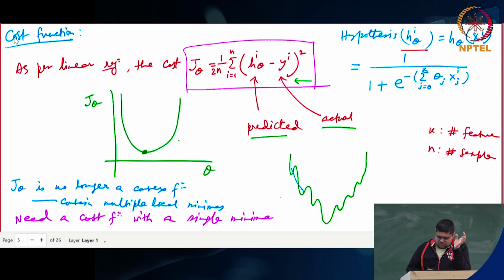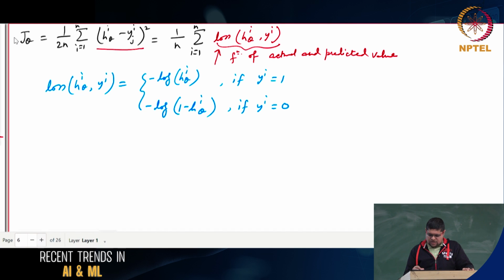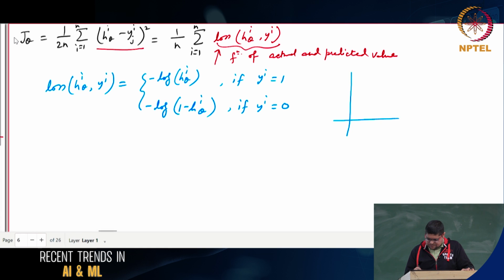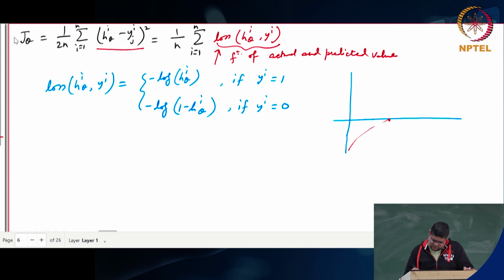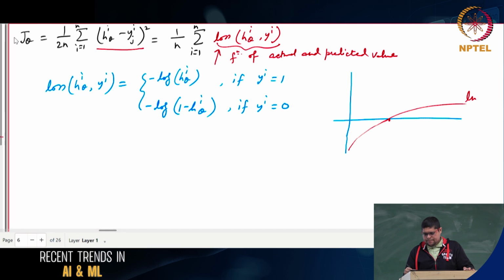For this we have to know how the log curves look like. I believe you all know how the log curves look like. So suppose this is 1. So this is your ln x, right?